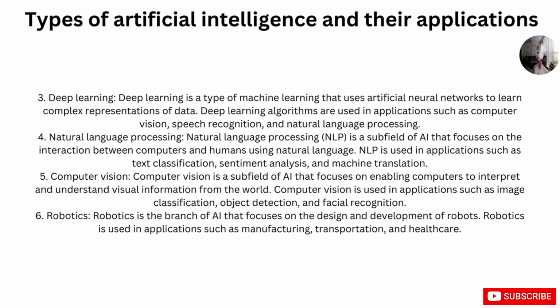Computer vision is a subfield of AI that focuses on enabling computers to interpret and understand visual information from the world. Computer vision is used in applications such as image classification, object detection, and facial recognition. Number six, robotics. Robotics is the branch of AI that focuses on the design and development of robots. Robotics is used in applications such as manufacturing, transportation, and healthcare.